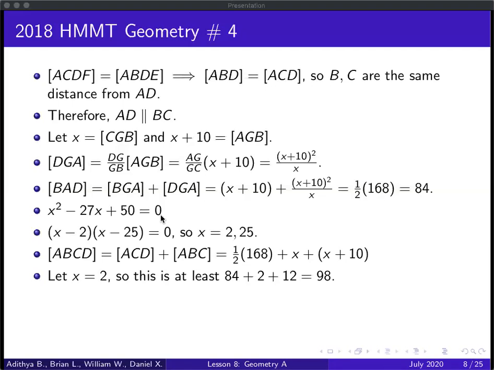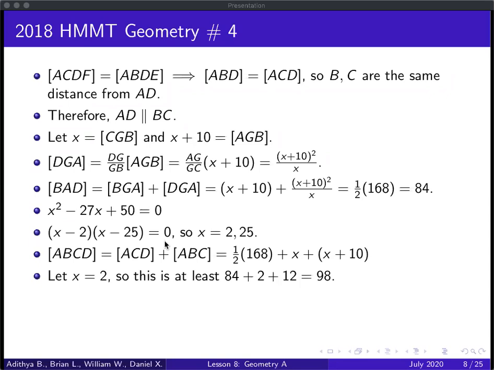We do have equalities like that, but we actually have a lot more equalities.